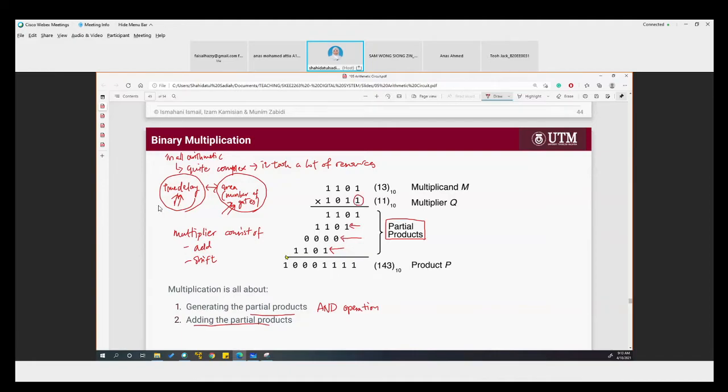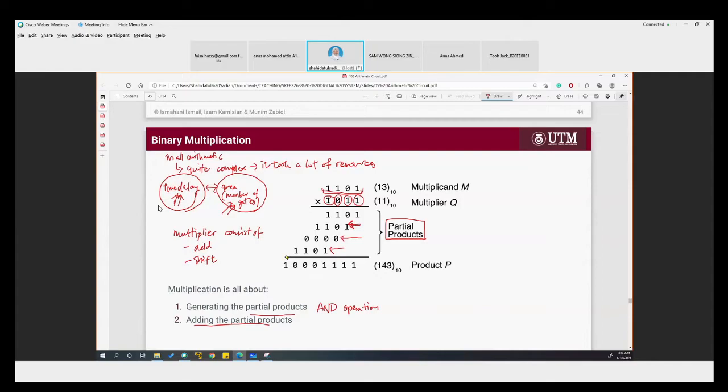And then when we want to multiply with another bit, we have to shift and do the AND operation again. Then we shift again and do the AND operation between all these 4 bits and this bit. And then we add the partial products.